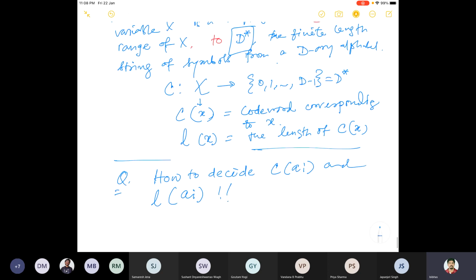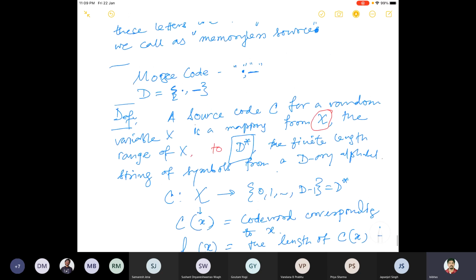Now, as I said, the Morse code is very popular and doesn't need any mathematics to understand. If you just look at the Morse code, you will see that small length code words were used for commonly occurring letters, and for letters which are not commonly occurring, he used code words of bigger length.